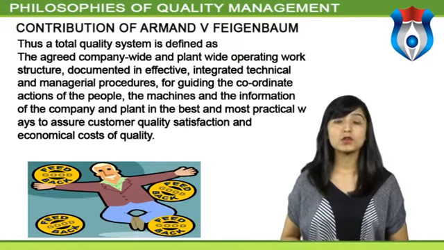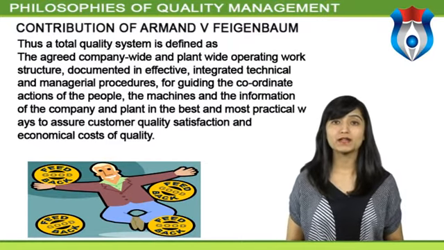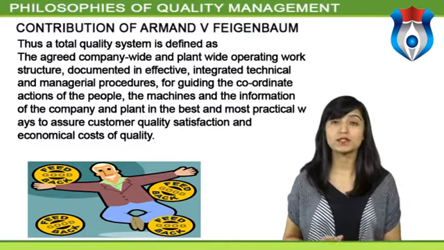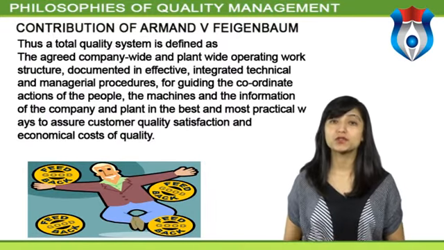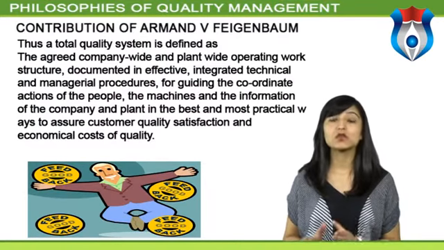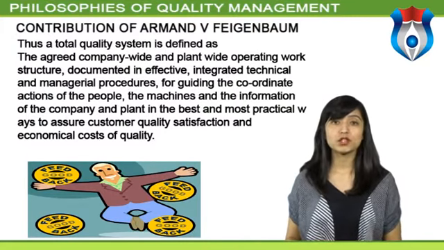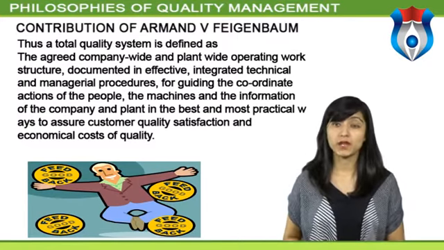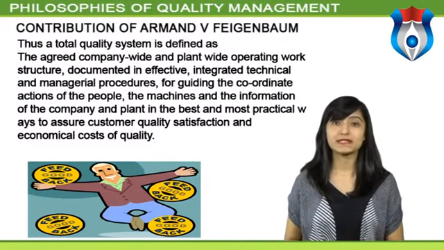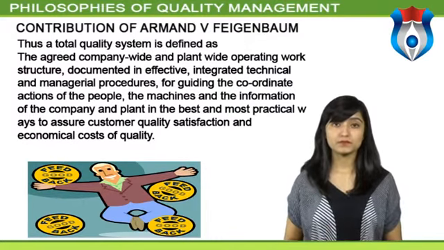Thus, a total quality system is defined as the agreed company-wide and plant-wide operating work structure, documented in effective, integrated technical and managerial procedures for guiding the coordinate actions of the people, the machines and the information of the company and plant in the best and most practical ways to assure customer quality satisfaction and economical costs of quality.